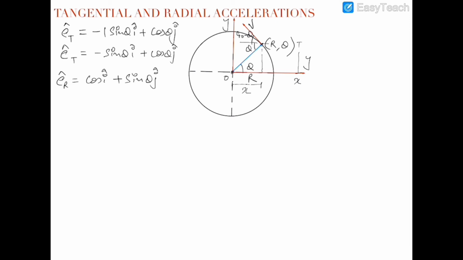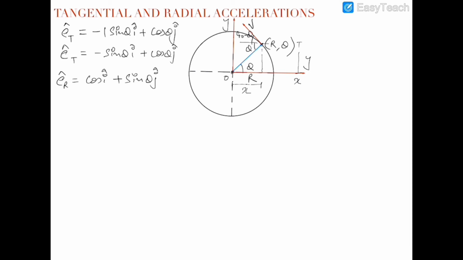You can see that if this is the radial unit vector pointing towards this side, and its length is 1, then its x component will be 1 cos theta and y component will be 1 sin theta. So these are the tangential and radial unit vectors.